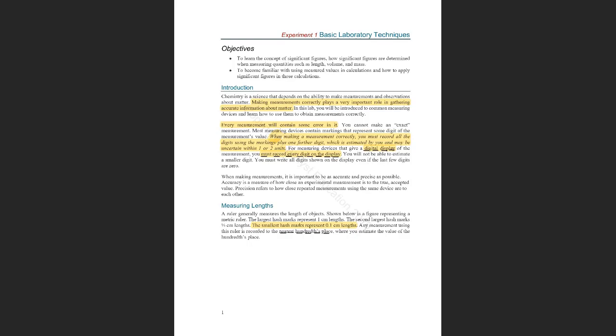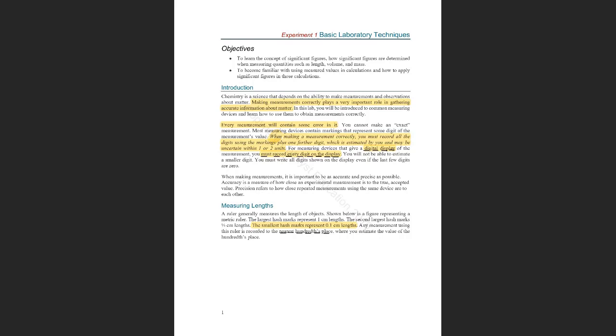So today is experiment number 1 in lab flow, Basic Laboratory Techniques. This experiment is about measuring with the correct number of significant figures and making calculations with those measurements.